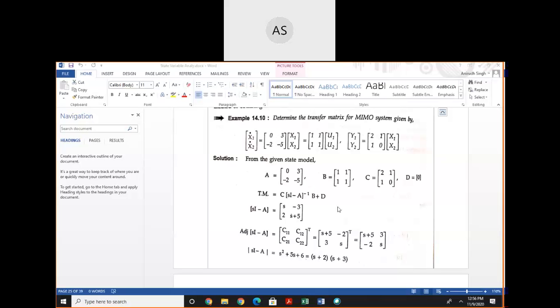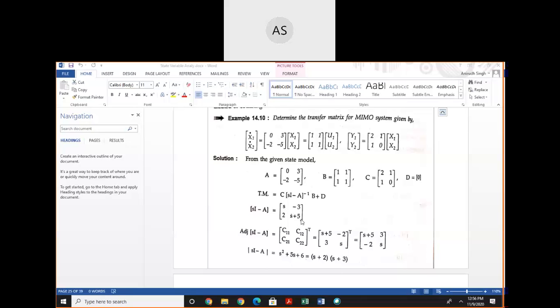Then we can easily calculate the transfer function. The transfer function is given by C, inverse of SI minus A, multiplied by B, plus D.